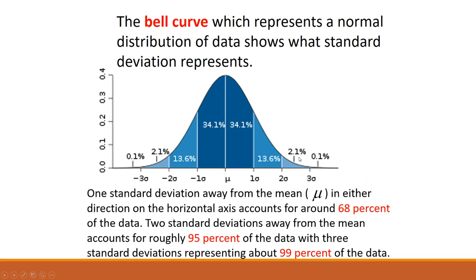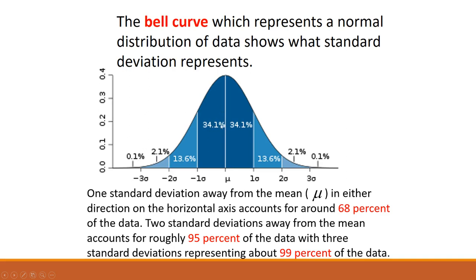And what you can see from a normal distribution is that there is a certain amount of data that falls between the mean and one standard deviation away from the mean. So in a standard normal distribution, 34.1% of all the data in your sample, or all the data in this random variable, falls between the mean and one standard deviation above the mean.